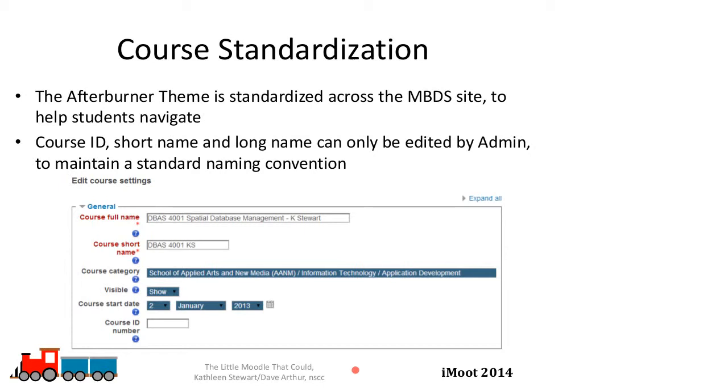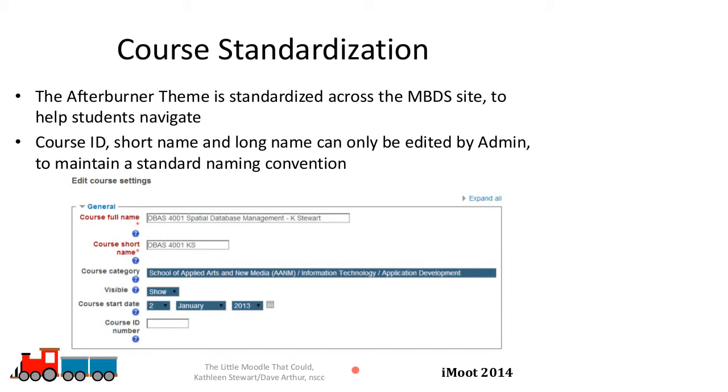So what we have finally sort of narrowed it down to is they have to use the Afterburner theme. We used to allow them to do their own themes within the course, but the students were complaining because they would go to one course and it would be purple and pink, and they'd go to another course and it would be green, and they'd go to another course and it would be black and white, and they got confused about where they were and who they were and all that kind of stuff.